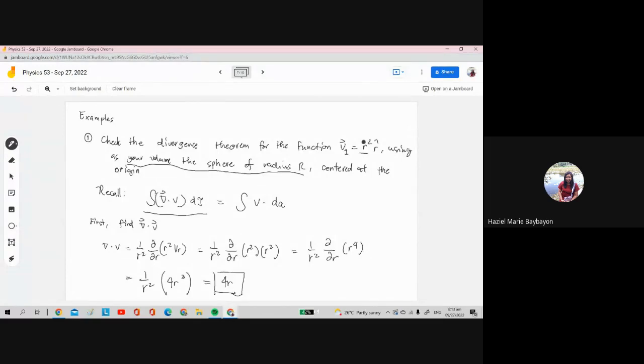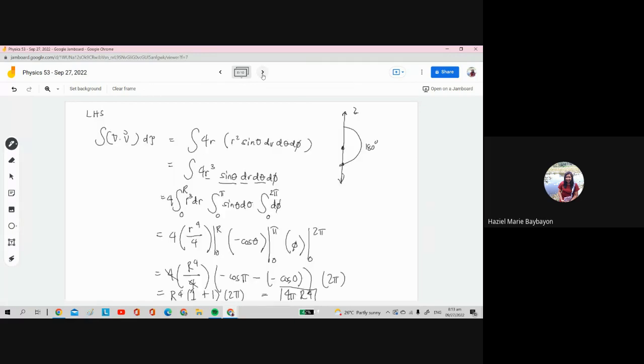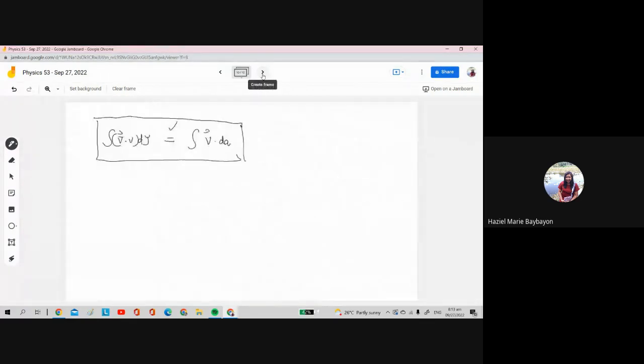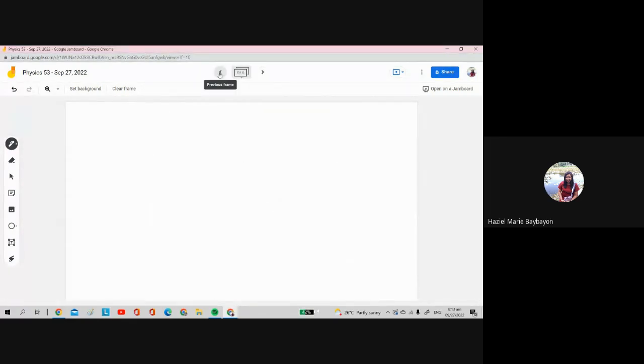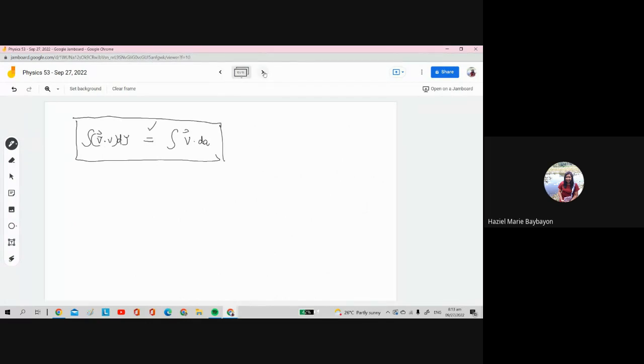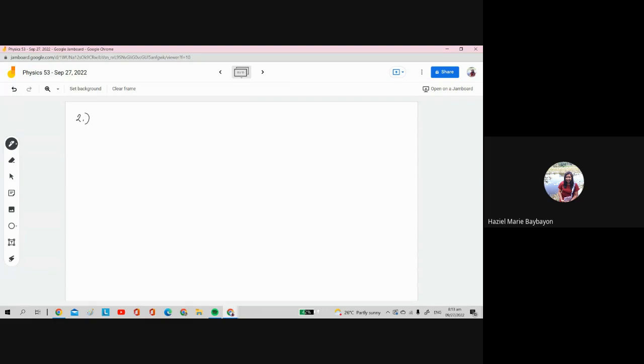Let's have another example. This one is somewhat controversial, but so example number 2. Let us do the same for v sub 2 equal to 1 over r squared r hat, whereas earlier it was r squared.